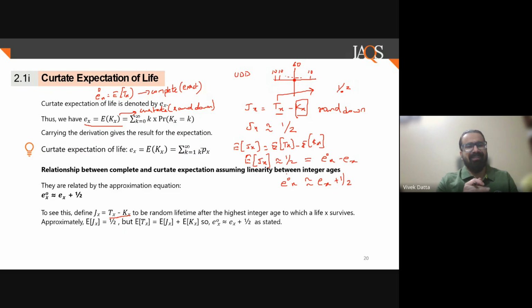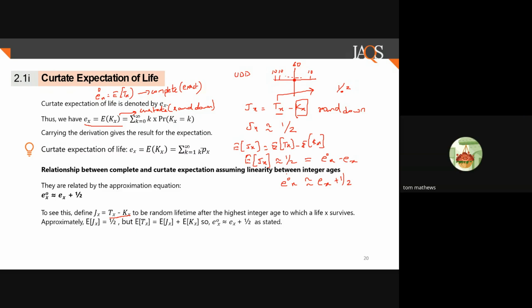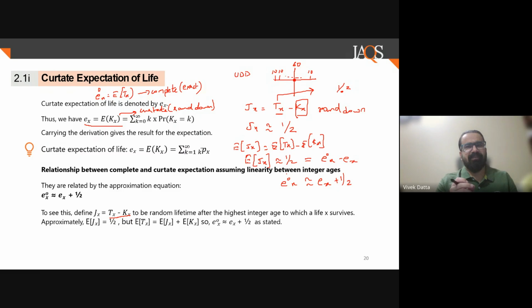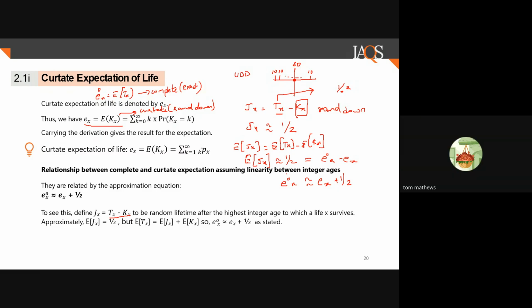Jx, as a consequence of Tx for that x, cannot be greater than x plus 1. It has to be between x and x plus 1. Similarly, Kx will always be x. Jx can be a residue of Tx minus Kx, right?